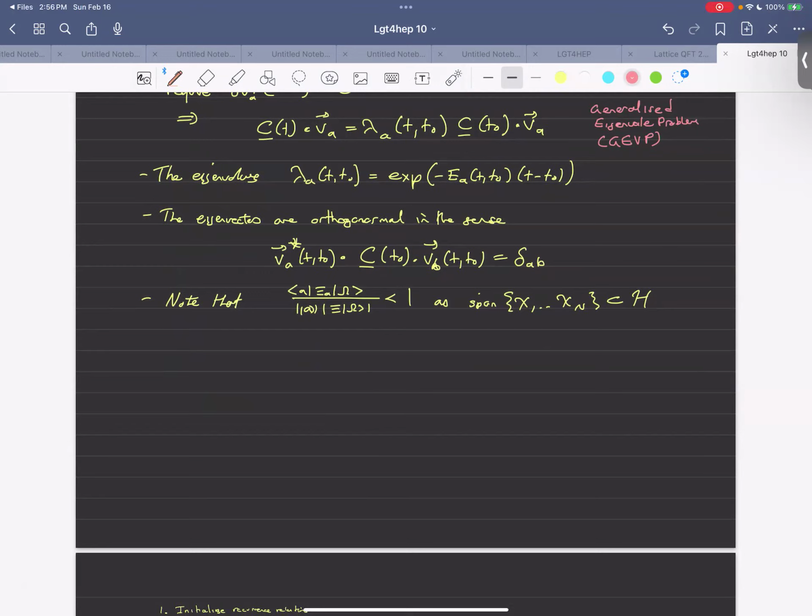So I should say these eigenvalues, these are called the principal correlators.